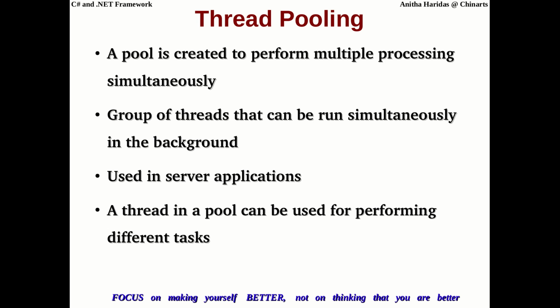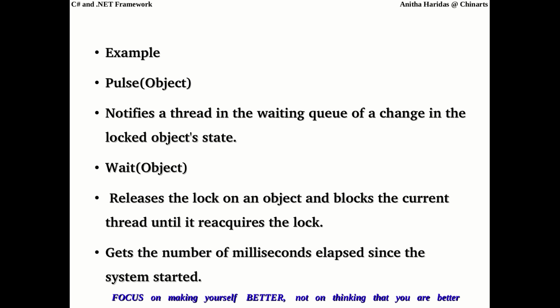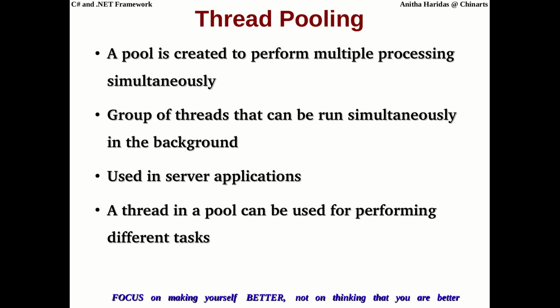Please ignore all these things, because if I tell you what is a pulse and what is a wait method, it may be confusing unless you know what is a background process, what is a foreground process, and how the object can be locked. Apart from that, you have a lot of other concepts to be studied in inter-process communication, etc. Only then can we understand all these things. So just ignore the slide and let us have the discussion till this point.